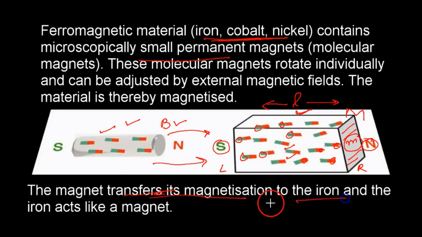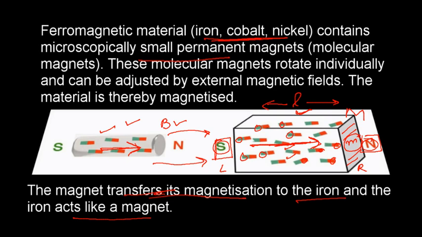So now iron acts like a magnet with north pole this side and south pole this side, because the magnetic moment, south to north, is along the direction of the magnetic moment of the magnet.